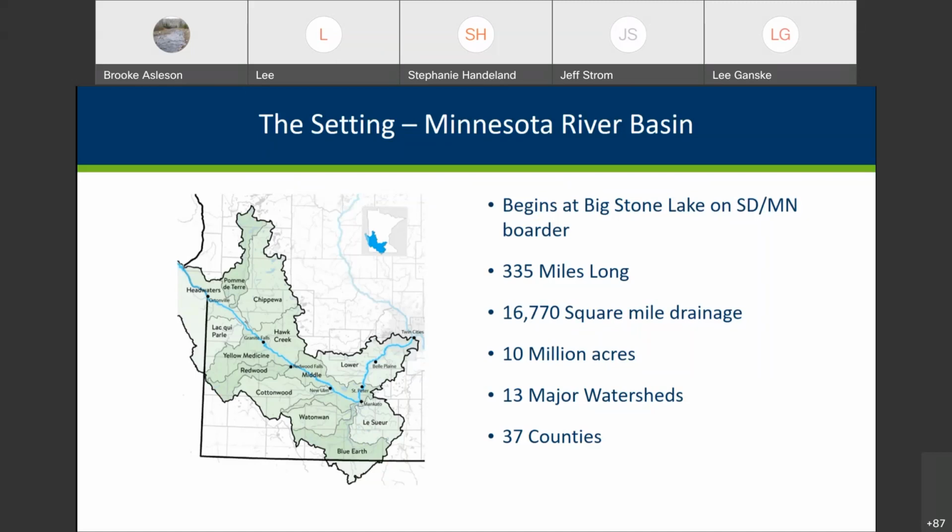So 13 of those are contributing directly or through their flow networks to the Minnesota River. The drainage area covers approximately 37 counties from its headwaters to where it ultimately terminates at the Mississippi River confluence.